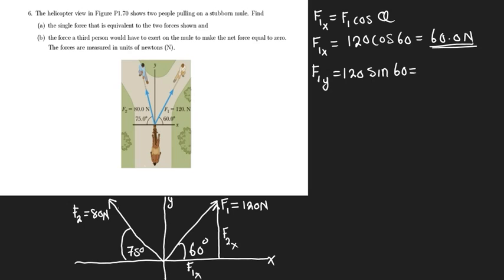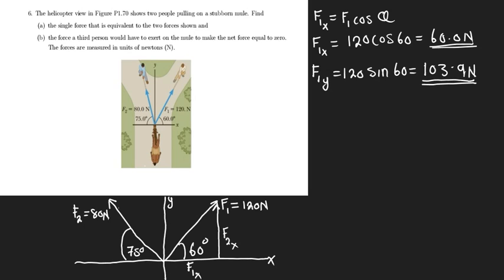So if I put sine of 60 there and do my calculation, 120 sine 60, we are getting 103.9 newtons. Then we've done the F1 components.